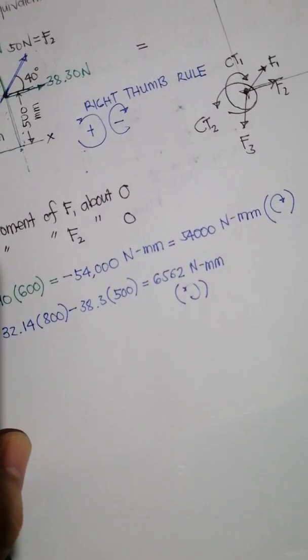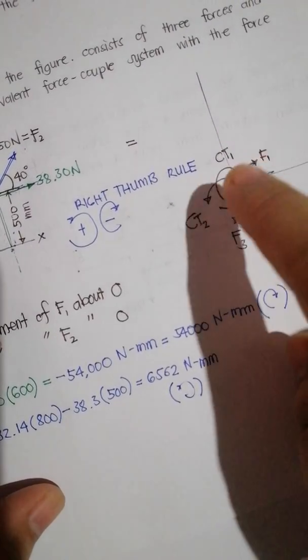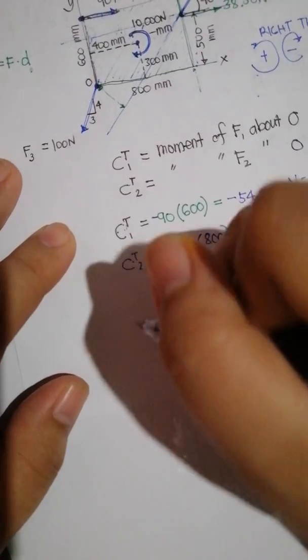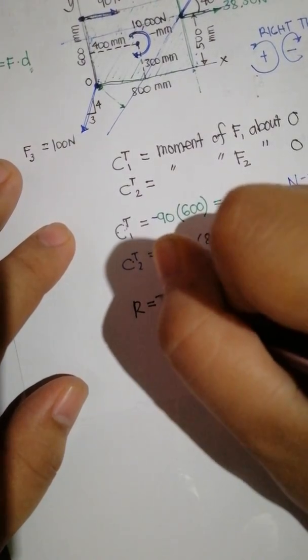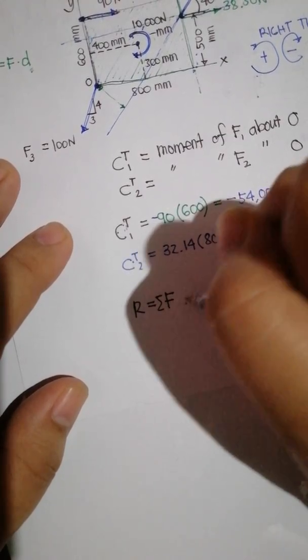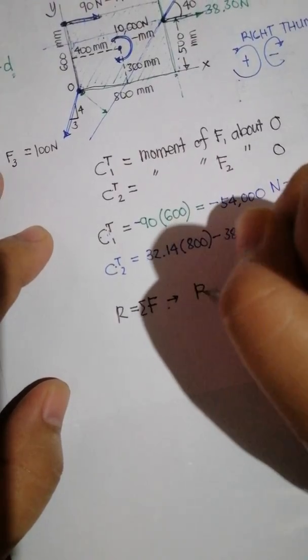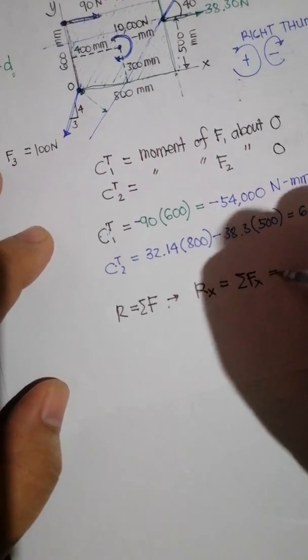Okay. So, add na natin. Kuha tayo ng resultant force at resultant couple. So, for the resultant force, we make it a summation of forces. Okay, so for x component, the summation of x components of the forces.